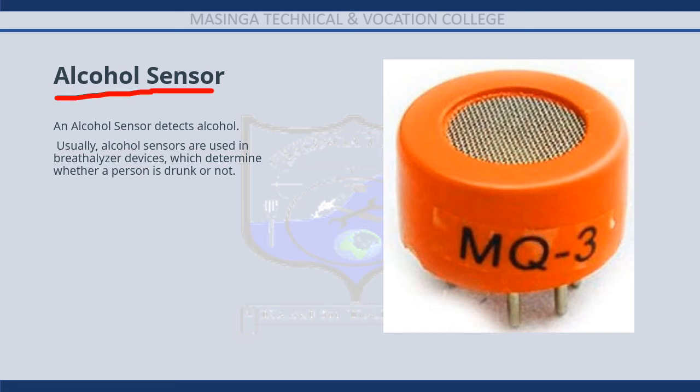An alcohol sensor is a type of chemical sensor which detects alcohol. The alcohol in the air blown into the sensor produces a physical change in a quantity within the sensor. It is commonly used within breathalyzer devices to determine how drunk a person is.